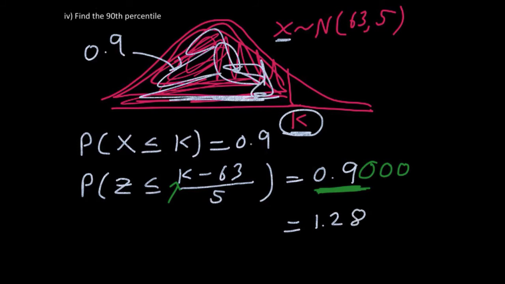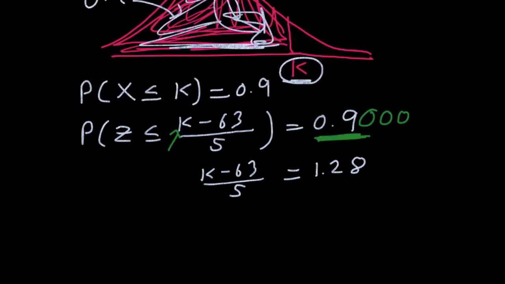Once you find the z value, we can just write k minus 63 over 5. K minus 63 over 5, then we can find k equals 1.28 multiplied by 5 plus 63.